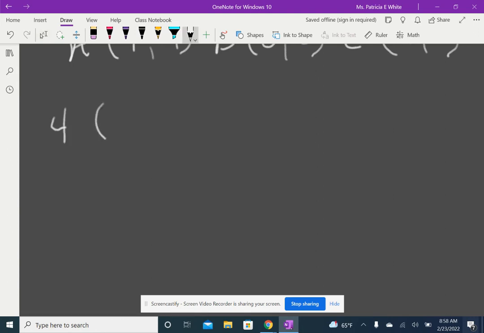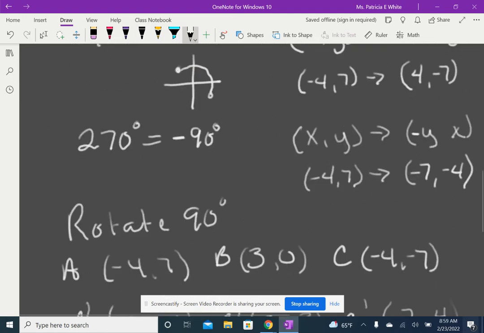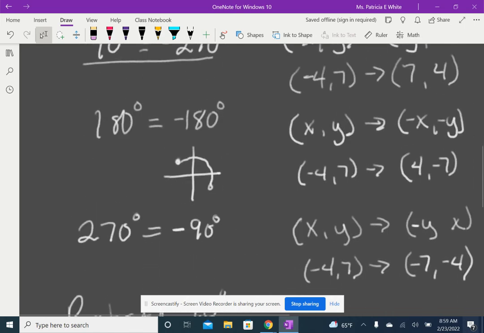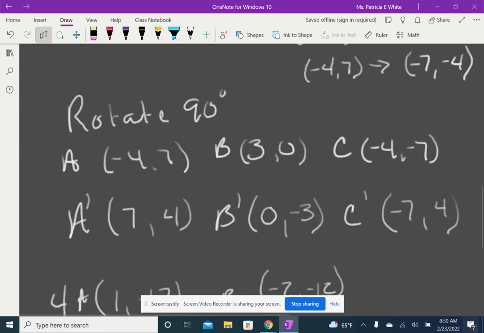You have 180 degrees. I'm not going to do all of number 4. I'm going to do A and B. Remember what we said. Don't swap it. Your rule: don't swap where X and Y are, just change their sign.